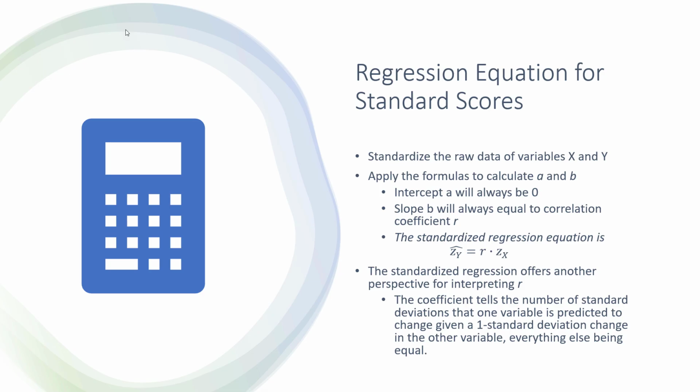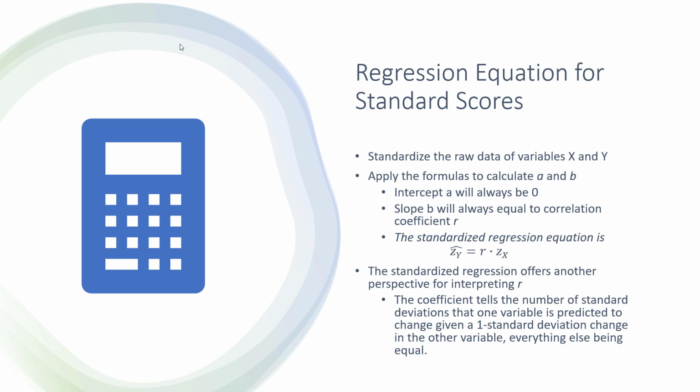So the regression coefficient beta will always equal the correlation coefficient R. The regression constant is always 0. The standardized regression equation is predicted value of the standardized Y equals R times the standardized X.